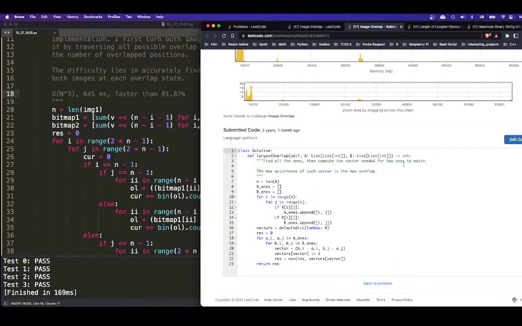What was this method? The vector one. Find all the ones, then compute the vector needed for two ones to match. The max occurrences of such vector is the max overlap. So we get all the vectors, right?